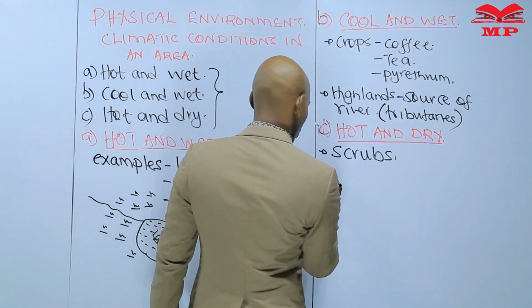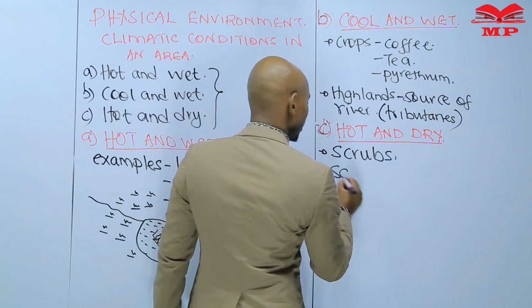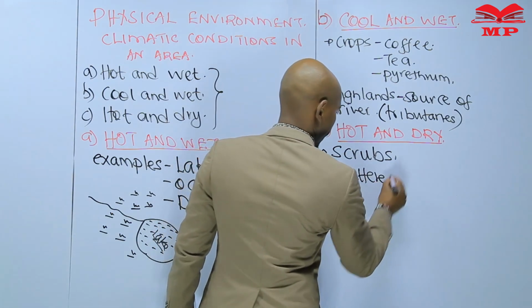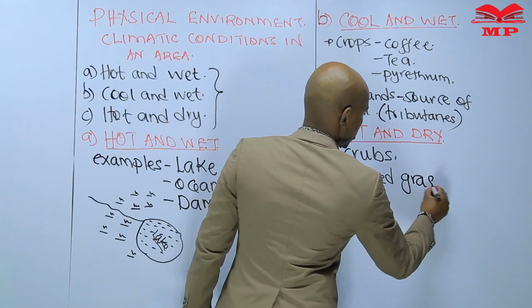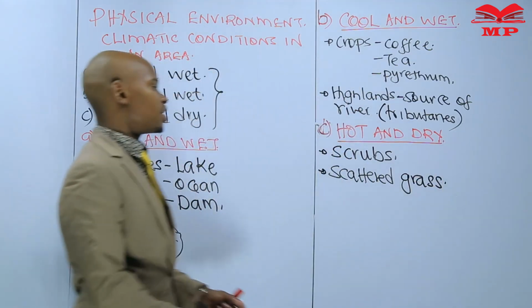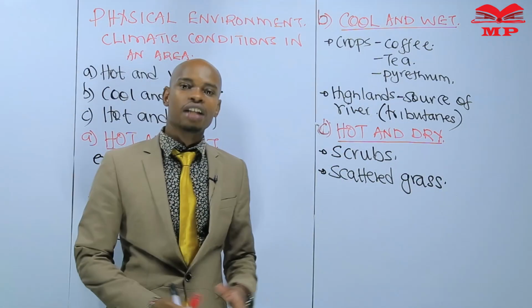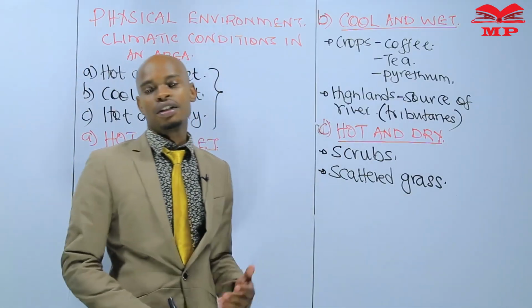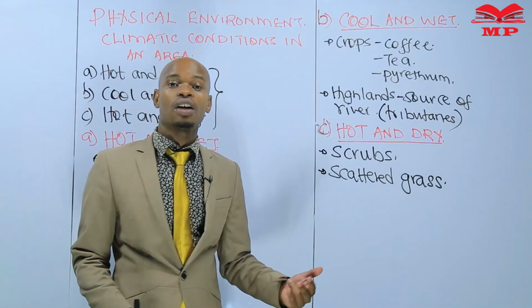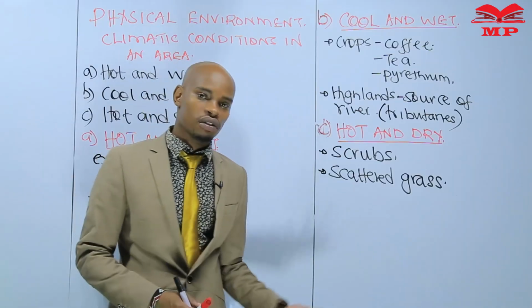Number two, scattered grass. That means that the grass is not even continuous. It is scattered, literally, because that area also does not receive enough rainfall.